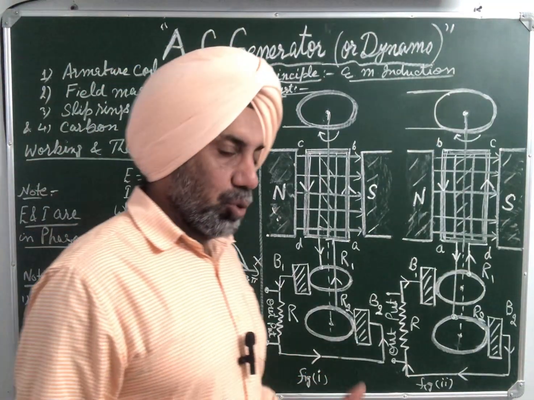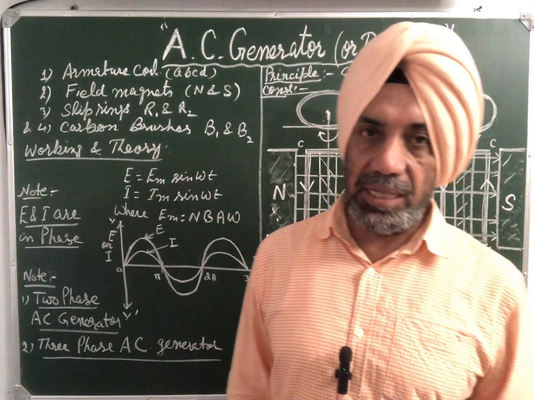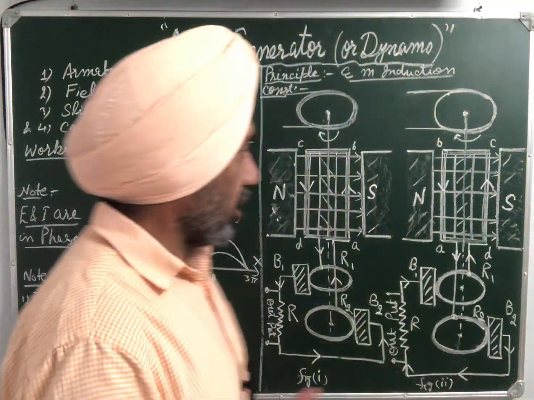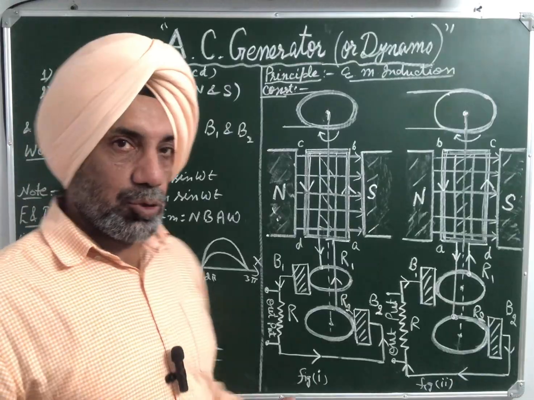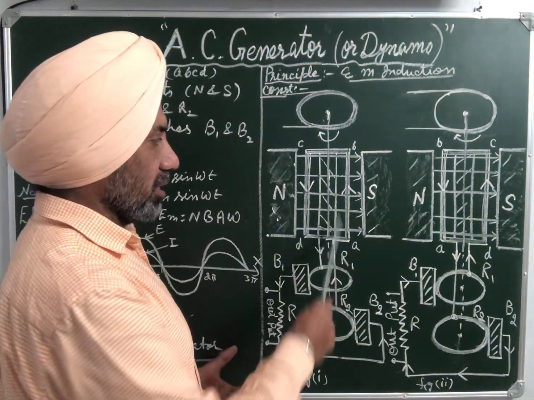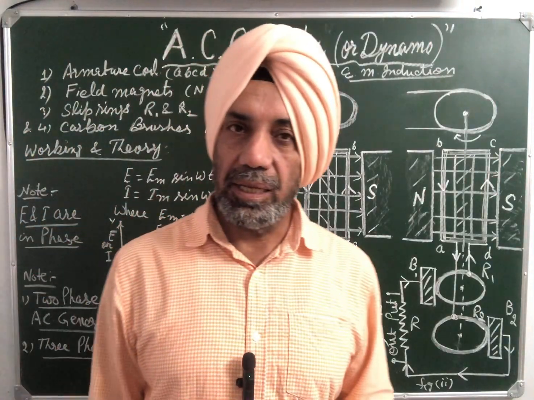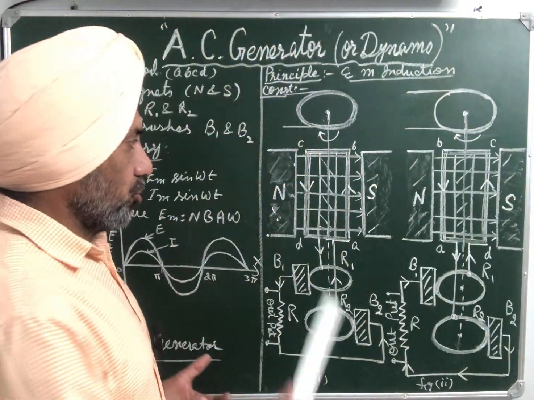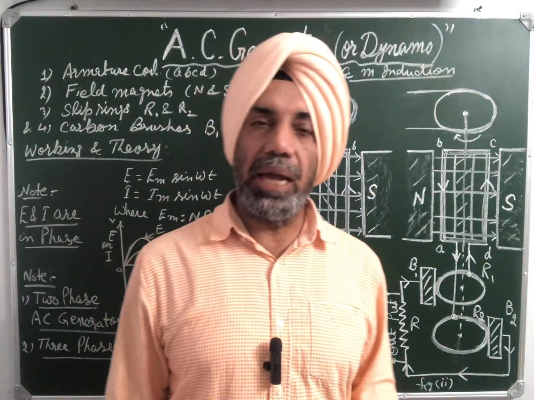There are two phase AC generators and three phase AC generators. Very simple. Now we have taken a single coil only. If it is a two phase AC generator, two coils are used perpendicular to each other, or two coils will differ in phase by pi by 2.